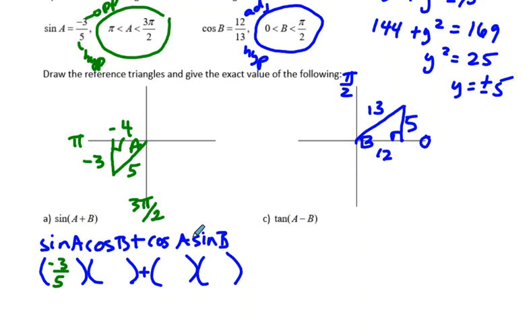I'm going to skip ahead to cosine A, because this is also looking at picture A. Cosine of A is adjacent over hypotenuse. Alright, now let's look at picture B. I need cosine of B, adjacent over hypotenuse. And I need the sine of B, opposite over hypotenuse.